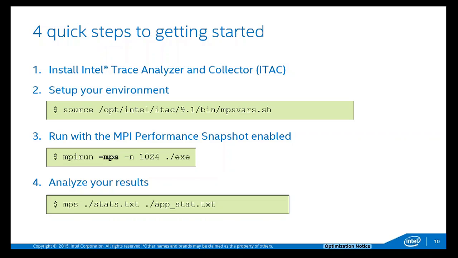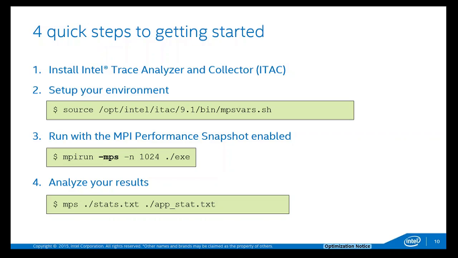And then in order to do that extra analysis, to get the nice HTML output I showed you, you just run it through the MPS tool itself. After you do the MPI run with -mps, the tool creates two separate statistics files. One of them is specific to the MPI statistics, and the other one is a little bit more generic.